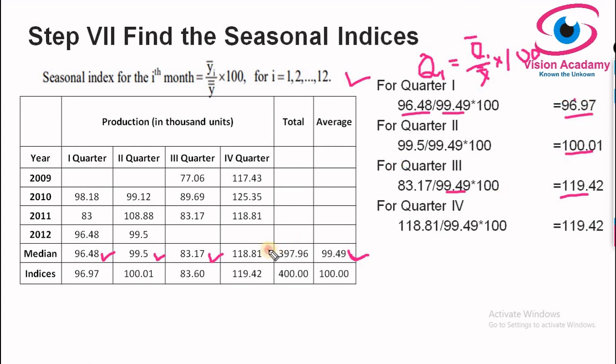Here the fourth quarter median 118.81 is divided by the grand mean into 100, giving 119.42. So here you can see the seasonal indices of the respective quarters: first quarter, second quarter, third quarter, fourth quarter seasonal indices.